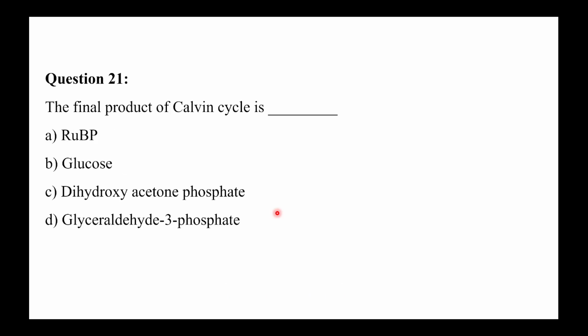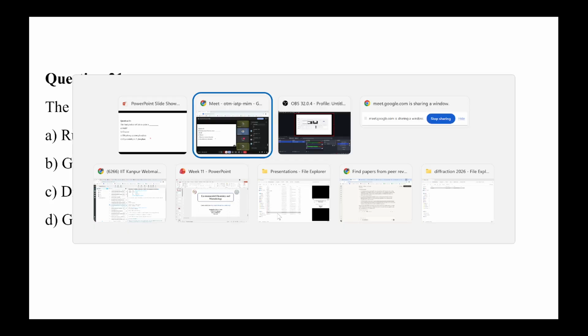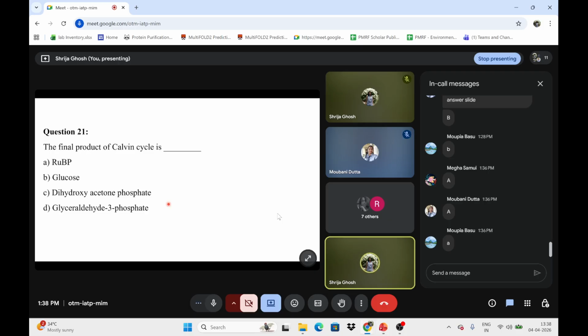Next question: the final product of the Calvin cycle is option A, RuBP, option B, glucose, option C, dihydroxyacetone phosphate, or option D, glyceraldehyde 3-phosphate.